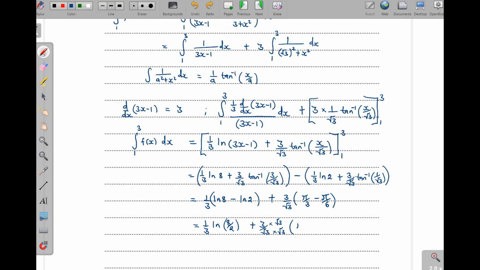So this one gives us pi over 6 here. So meaning we shall get a third, then the natural log of 4, and then plus this one will be root of 3, then times pi over 6. Or I can write this one last, just like that, and this becomes our final answer there.